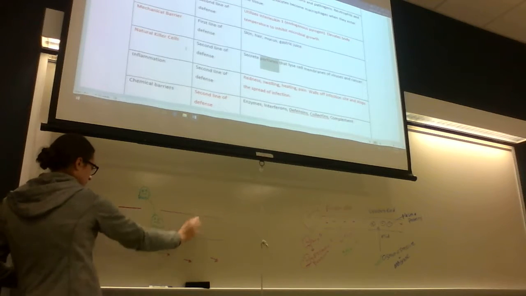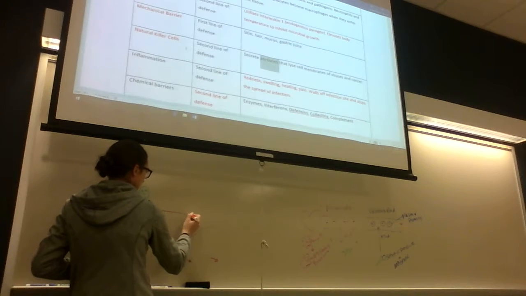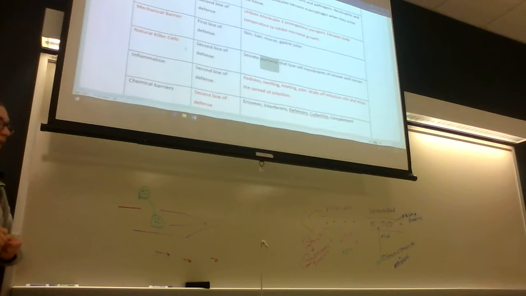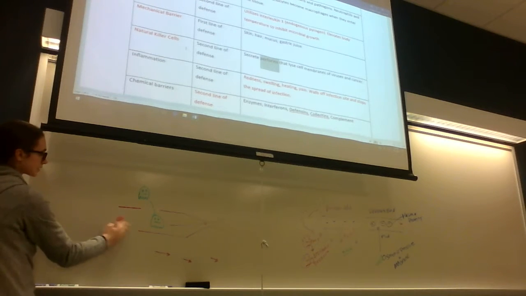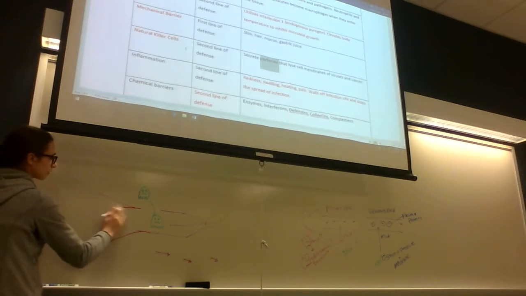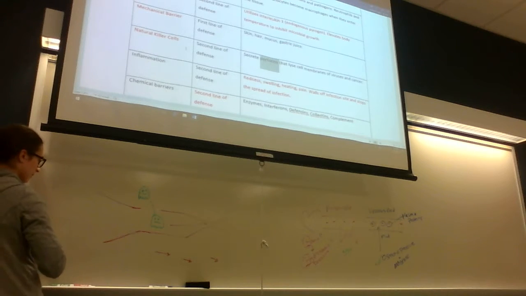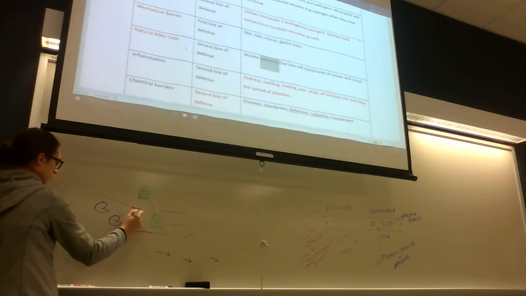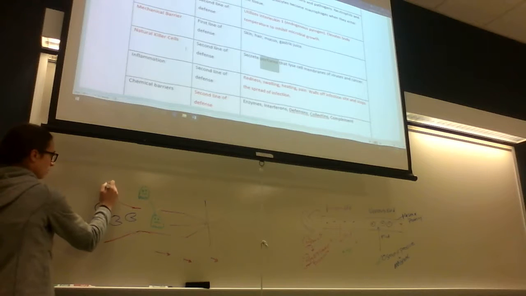It will kind of pinch your vessel to prevent this pathogen from getting out. So one side of it kind of pinches, and the other side kind of opens. So this portion of it will get bigger because it's trying to increase the flow of white blood cells that are coming to eat the pathogen. So one side walls off, the other side opens up.